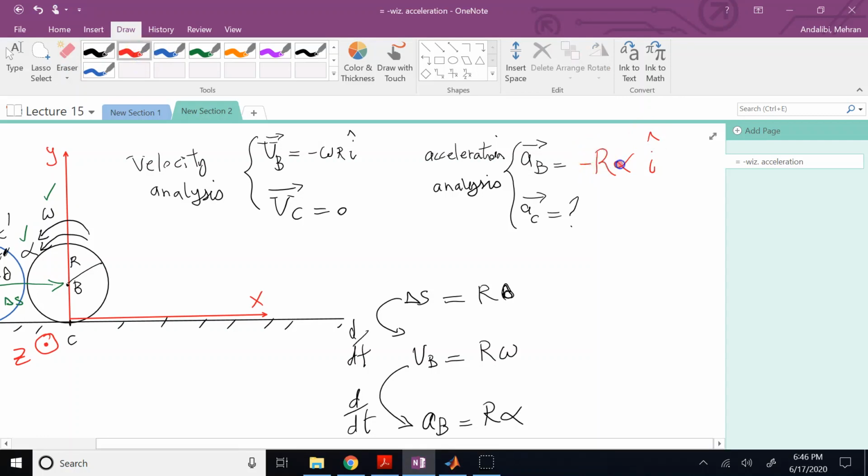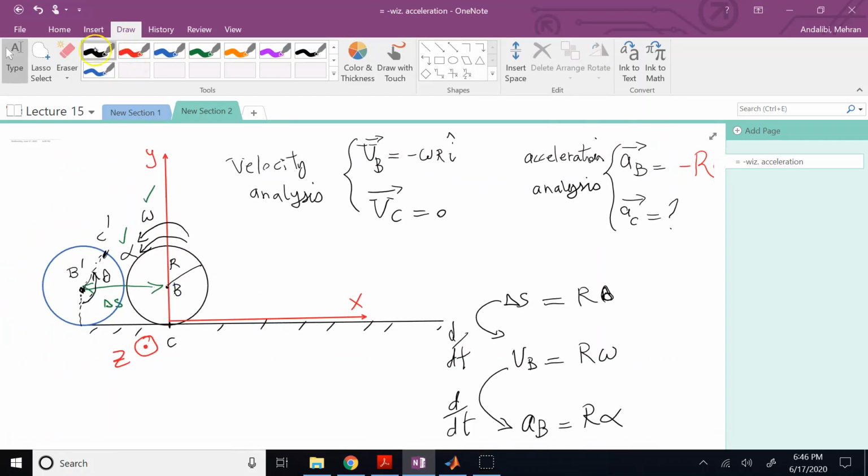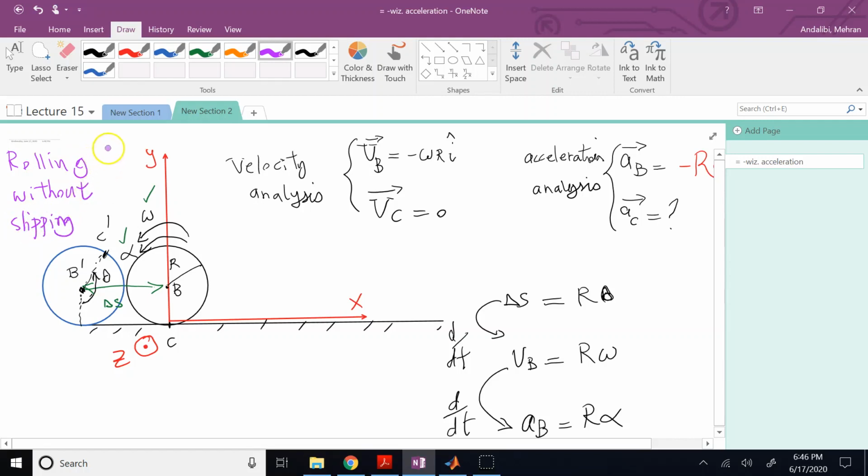So this problem was rolling without slipping, right? That is the problem we are dealing with right now.